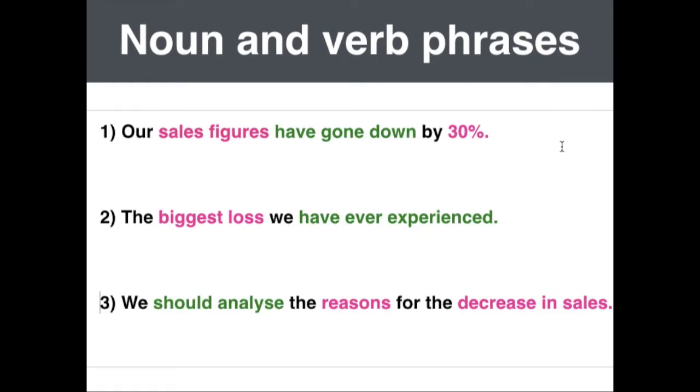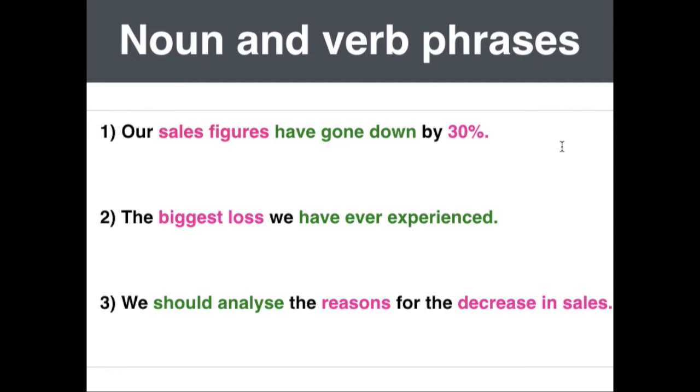Here we have 3 examples of language for our slide. Number 1, our sales figures have gone down by 30%. Number 2, the biggest loss we have ever experienced. And number 3, we should analyse the reasons for the decrease in sales. In the first sentence, sales figures and 30% are noun phrases, they're in pink, and have gone down is the verb phrase in green.